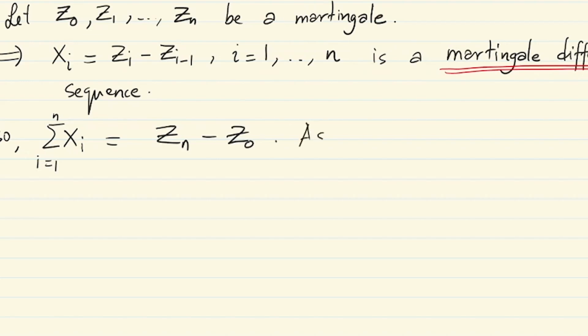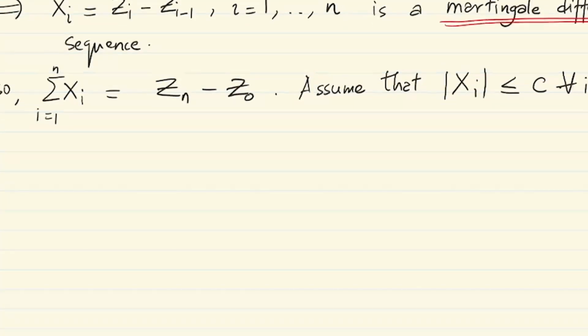So let's assume that all these martingale differences xi are bounded by some numbers ci, for all i. So by Azuma's inequality, what does this give us?